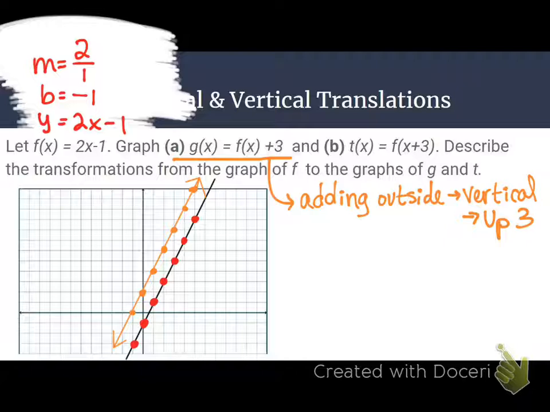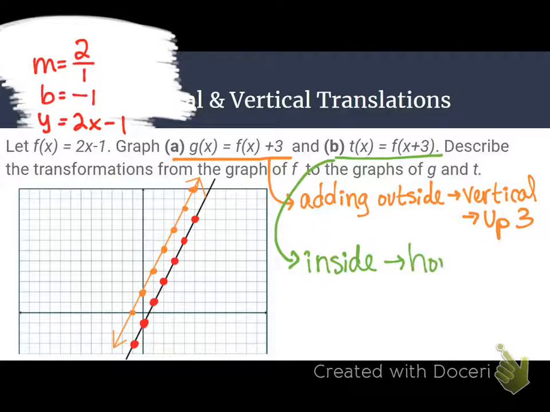Okay, on part B, let's start our process over again. On this one, I'll pull it down here. Are we adding inside or outside the parentheses? Inside, which means it's what kind of shift? Inside is horizontal.